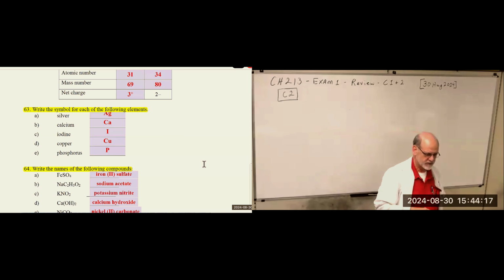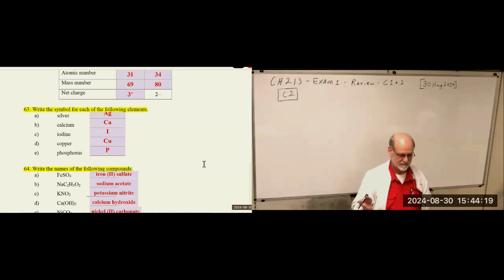Silver, argentum, is Ag. Calcium is Ca. Iodine, just capital I. Remember, when you only have one letter, it's always capital. When you have 2, it's capital, little. Eu. Copper is Cu, cuprum. And phosphorus is P.